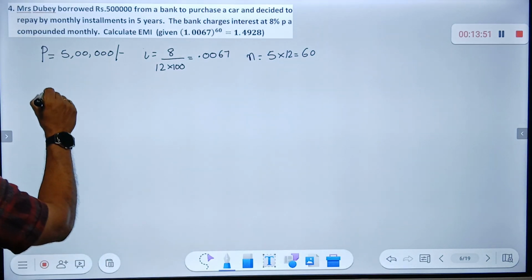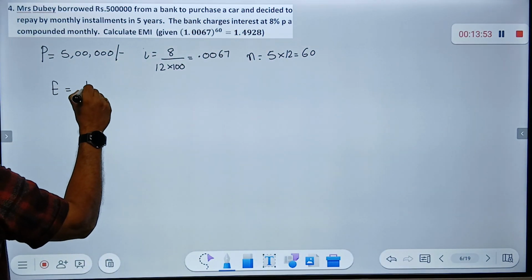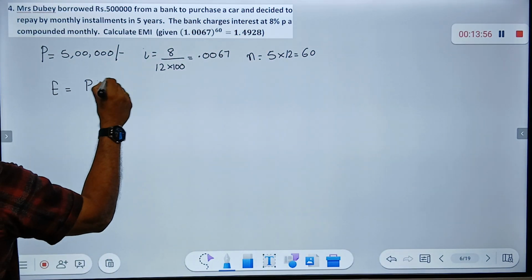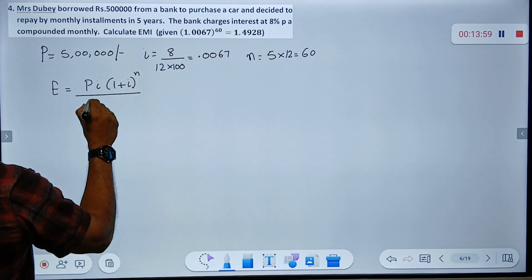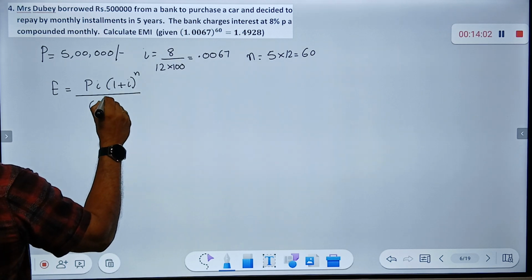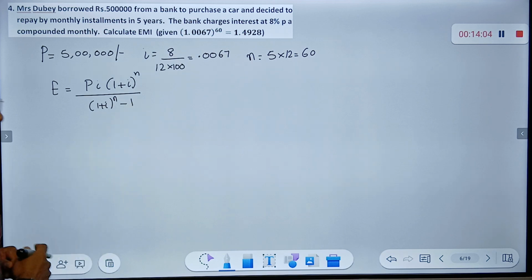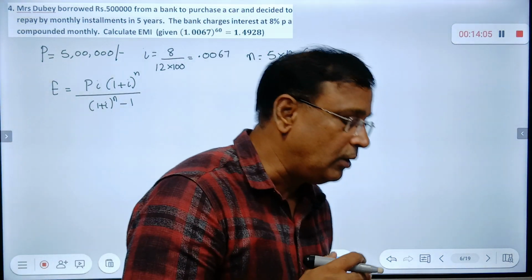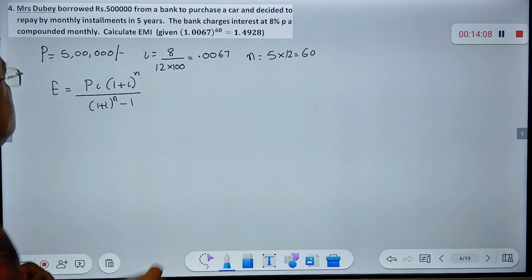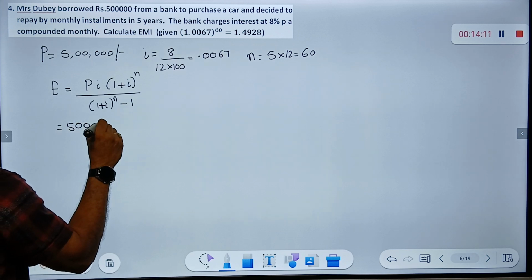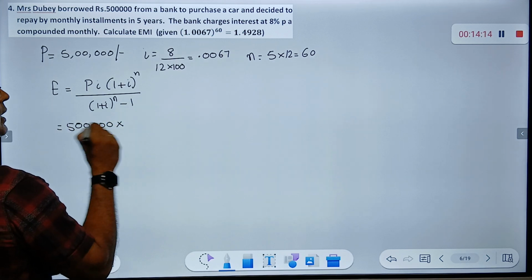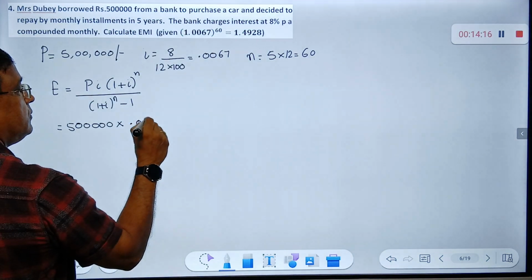The formula is EMI equal to P into i into (1 plus i) power n divided by (1 plus i) power n minus 1. So simple EMI formula. So what is the principal? The principal is 5 lakhs into what is i? 0.0067.